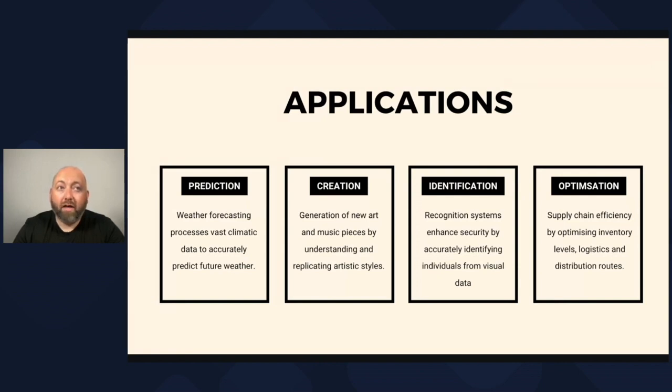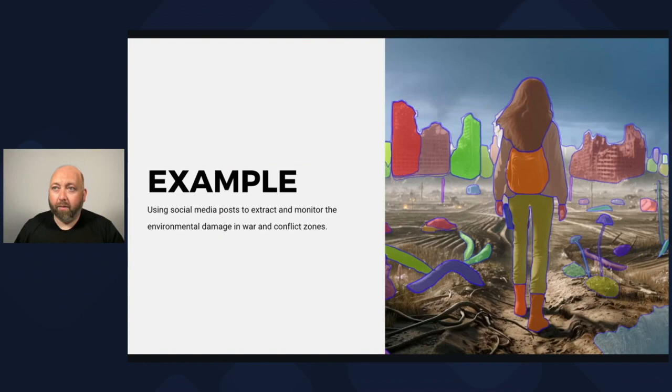We can use it for identification. So, is this person Lee? Is this person Dave? Is this person Sally, for example? And then optimization. Can we optimize the travel route of our vehicles by understanding the traffic light system, or how many left turns there are, or whatever it may be? Artificial intelligence has a multitude of different applications across a spectrum of areas, and that's why there's so much hype and excitement about it. And I just want to share with you one example.